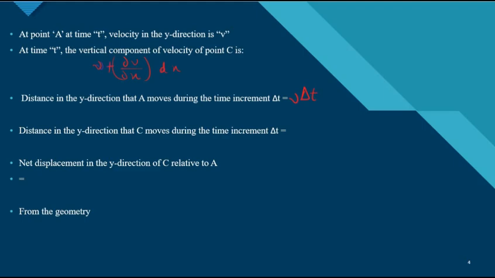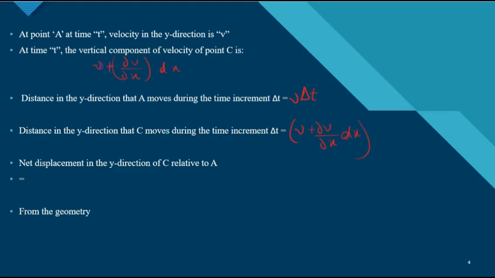It has not changed much, but when it comes to C, we observe a shift in position. So can I write it in something of this form? Yes, this is my distance in y direction that C has moved with the time increment delta t.